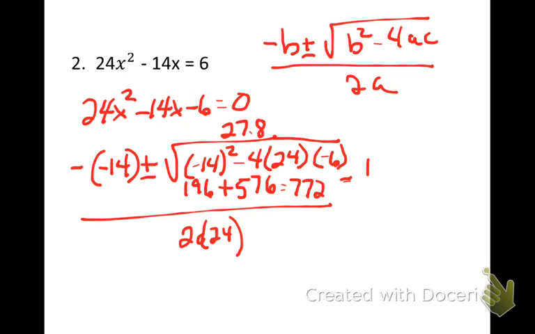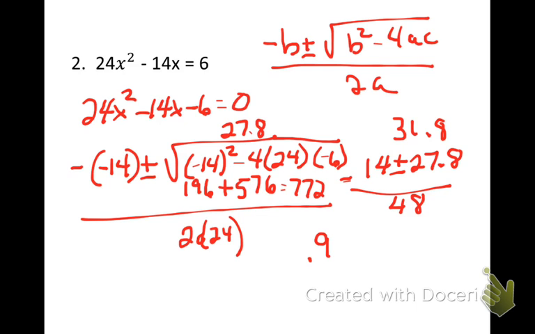So my problem is really 14 plus or minus 27.8 all over 48. Again, just do the math. 14 plus 27.8 would be 41.8, and if you divide that by 48, you're going to get 0.9.